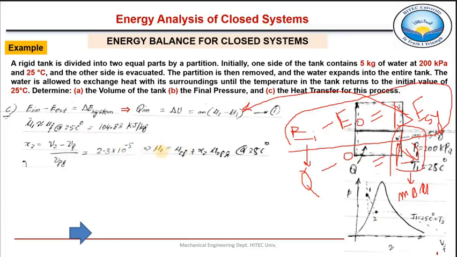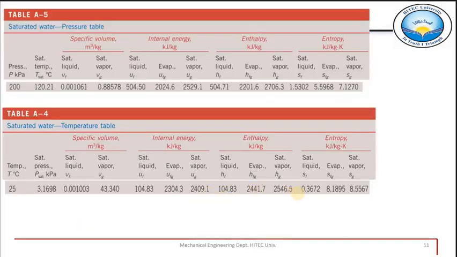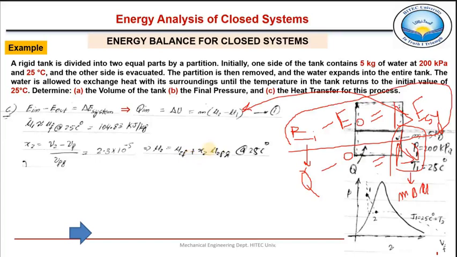Now we can calculate u2, which in the mixture region equation is uf plus x2 ufg at 25 degrees Celsius. So put values from here, uf and ug, where ufg is ug minus uf. So put these values to find out u2.